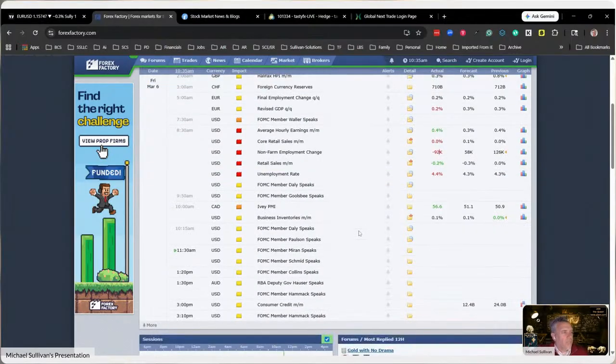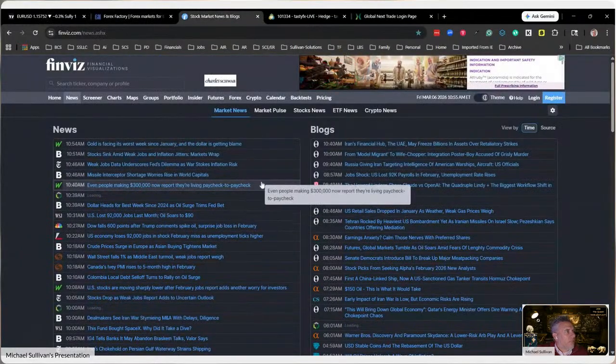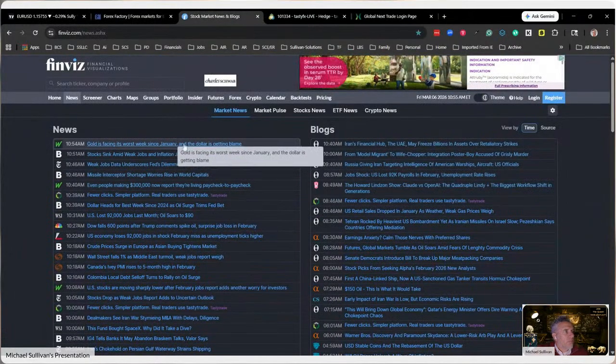I don't think there's any other big news today. We have a bunch of people speaking. It's a lot of dollar news today, but this is all pretty quiet. If there's anything else new, gold is facing its worst week since January, and the dollar is getting the blame.